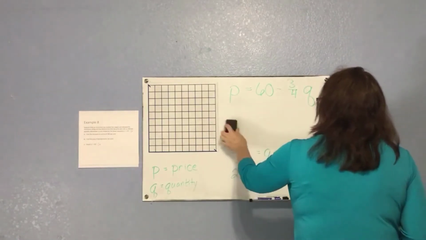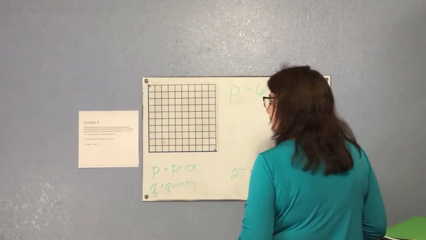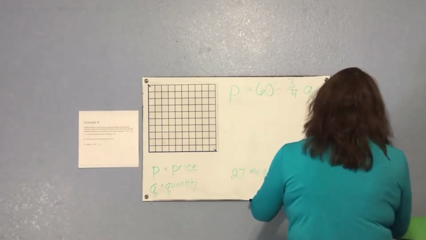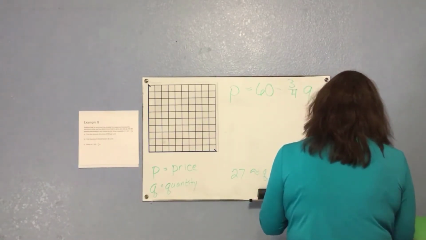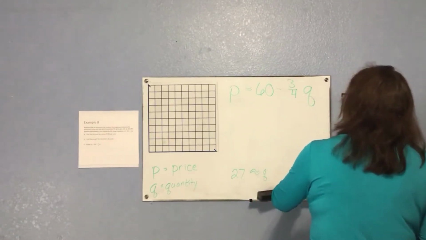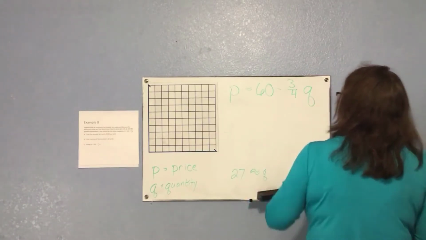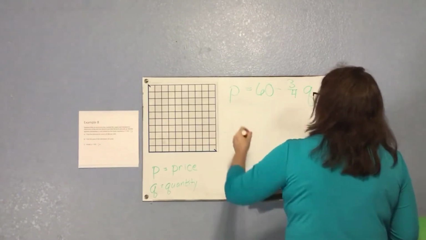The next part of this problem asks us to find the price if the demand is 32 units. So we're going to use this same equation, but this time instead of substituting for price, we'll substitute for Q, quantity.